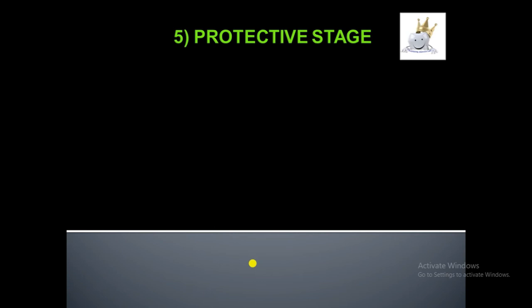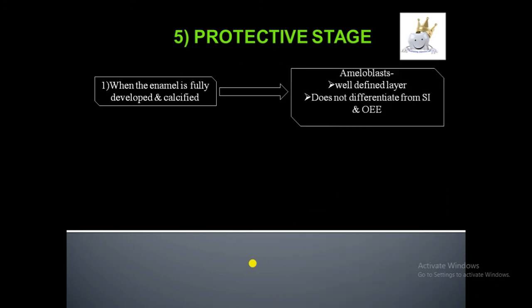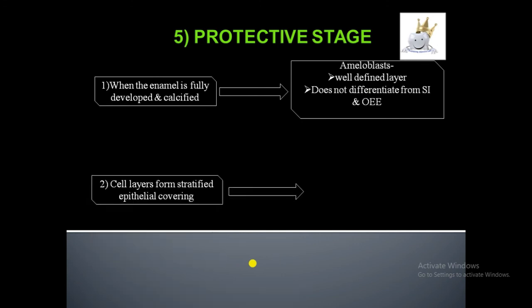The fifth stage is the protective stage. When the enamel is fully developed or calcified, that is fully mineralized or matured, the ameloblast becomes a well-defined layer. It won't differentiate from the stratum intermedium or the outer enamel epithelium.